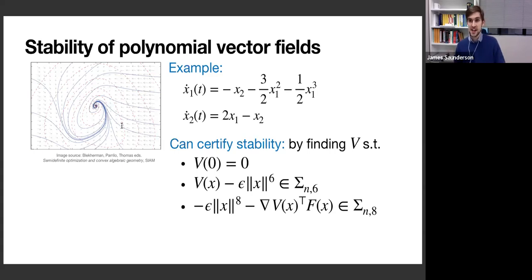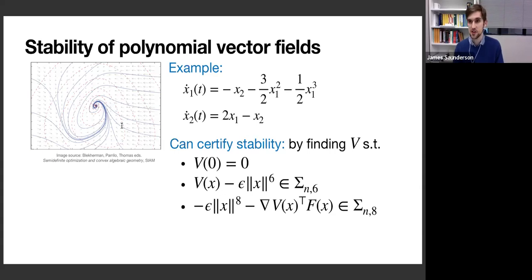That's nice. I do want to warn you that there are interesting examples that show that you can have a globally asymptotically stable polynomial vector field that has no polynomial Lyapunov function, let alone a sum of squares type Lyapunov function. So these techniques don't always work, at least in the case of inhomogeneous vector fields.